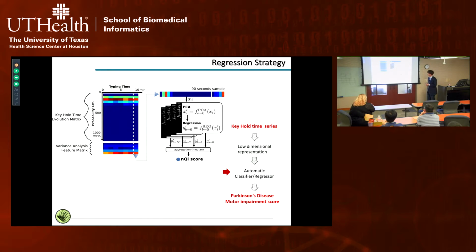We do that by looking at the data sets in different ways. We get a lot of scores, we aggregate them, and then we get one single score from these 90-second samples. Very importantly, every time we do one of these iterations, we make sure that at least a few patients are left out so that we can use them as a test set. We absolutely do not want to train and then test with the same data, which is very challenging to do with a data set that is that tiny.